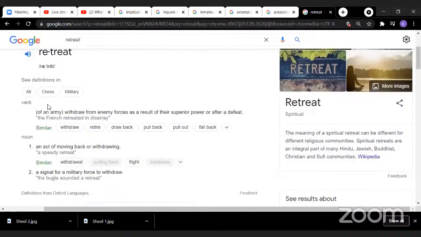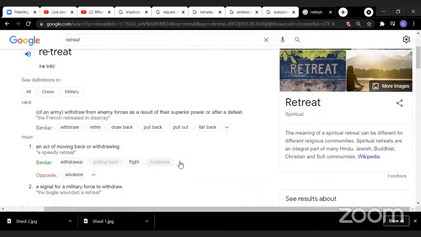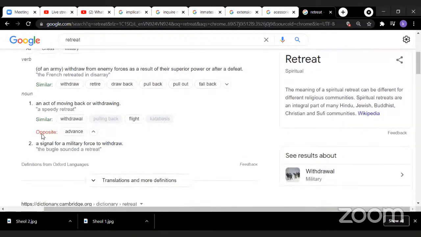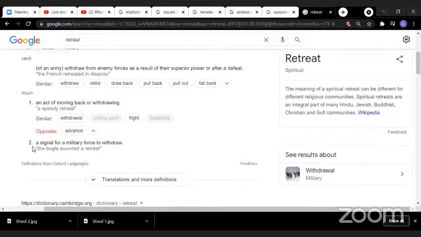verb of an army, withdraw from enemy forces as a result of their superior power or after a defeat. As a noun, an act of moving back or withdrawing, withdrawal, flight. Two, a signal for a military force to withdraw.